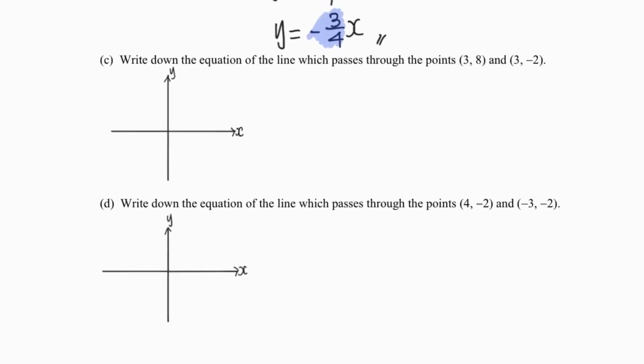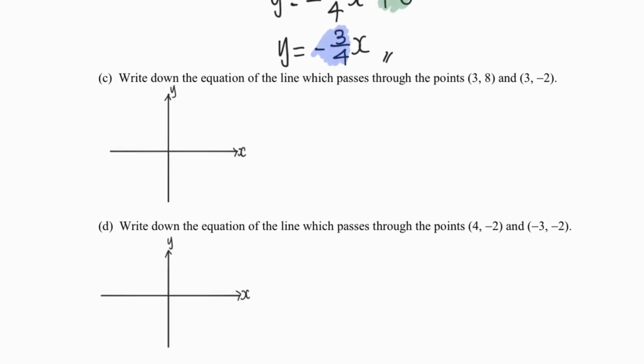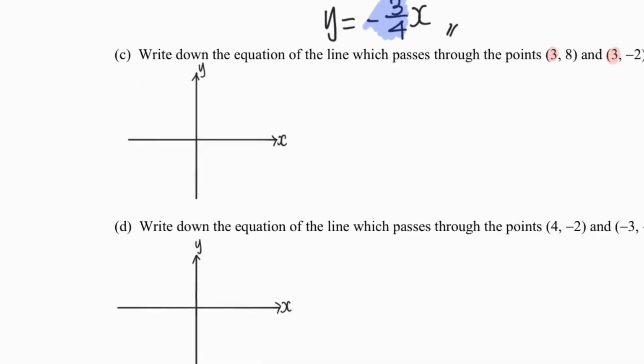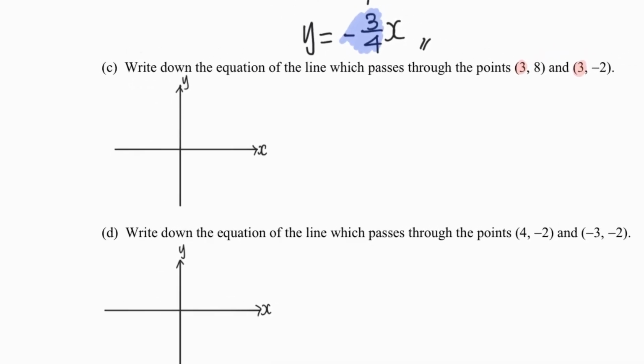Part C. Wow, it passes through 2 points. And one thing I realized is that for this particular question, the x value is the same, 3 and 3. Let's see what this entails. Let's plot this graph at these 2 points neatly here.